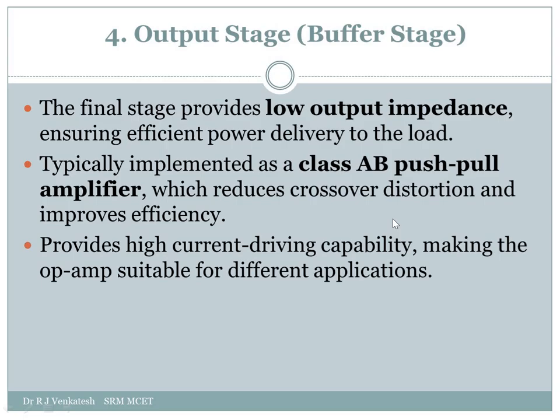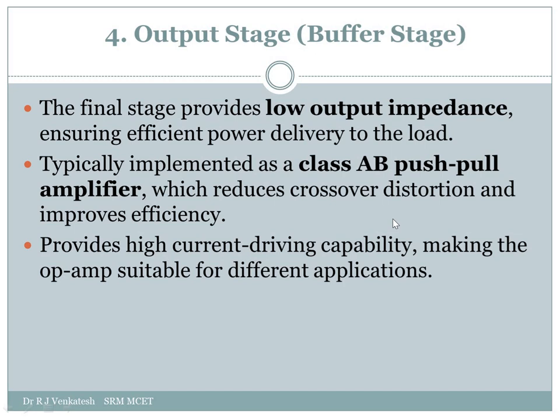The output voltage is limited by the saturation level, which is the operating voltage. You can amplify up to the saturation level. The input you can give from millivolts to volts, but the maximum amplified voltage is 12 volts, because at the positive terminal you provide plus 12 volts, and at the negative terminal you provide minus 12 volts. So the positive saturation voltage is 12 volts and the negative saturation voltage is minus 12 volts.